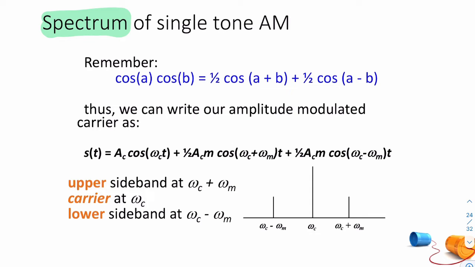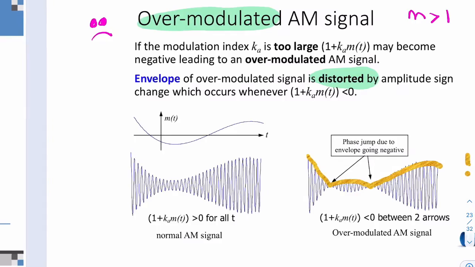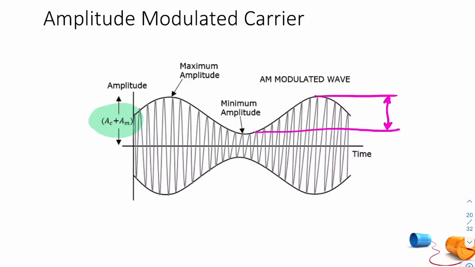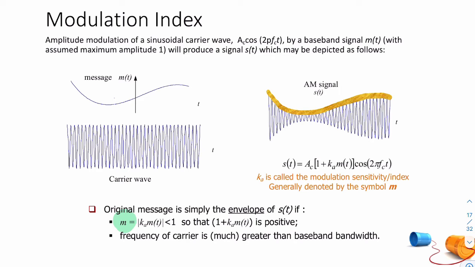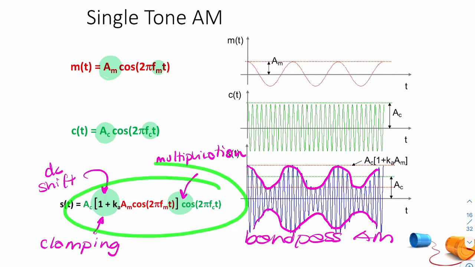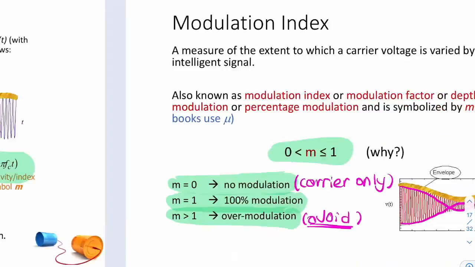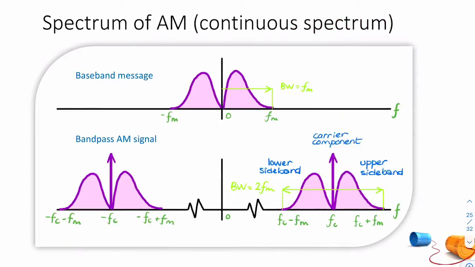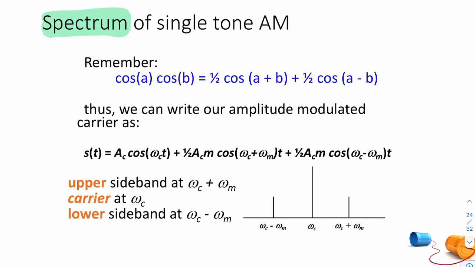So if we take the mathematical expression for AM, where is it? If we take this mathematical expression for AM and expand it, if I multiply the cosines, you'll have a cosine times a cosine, and using the identity that the product of two cosines gives you the sum of the cosine of the sum and the cosine of the difference.